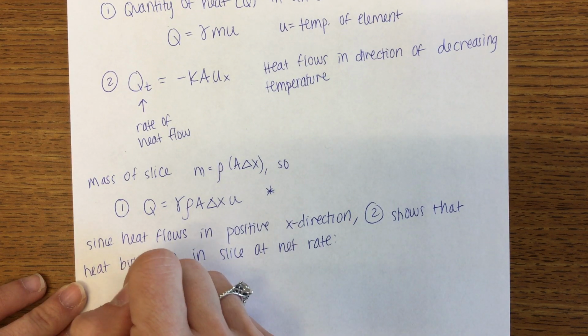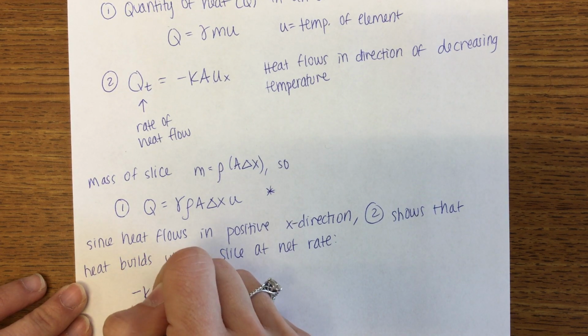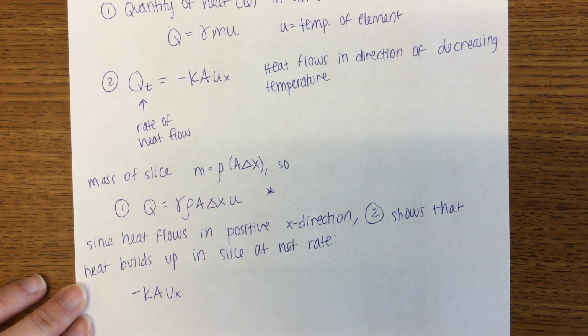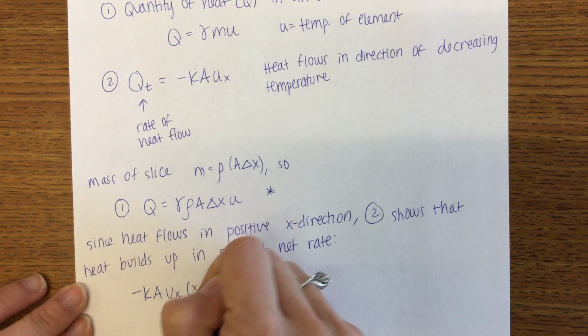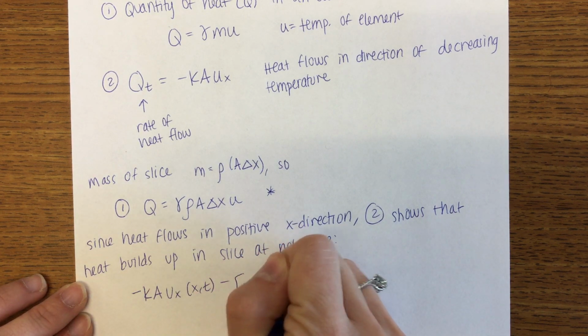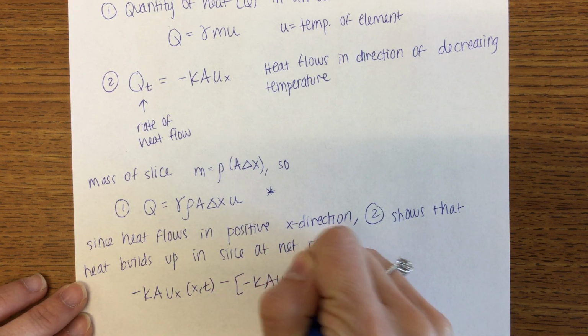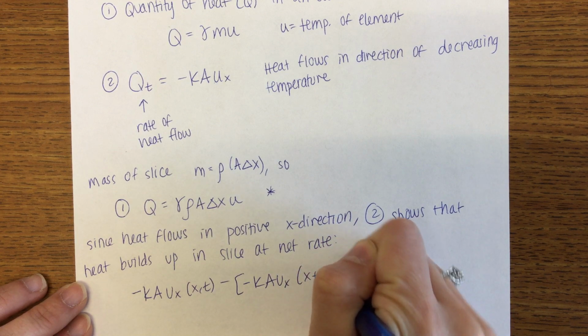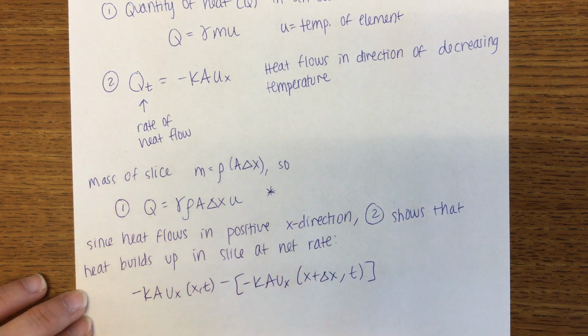It's going to be negative K A u of x at the point x, t, subtract negative K A u of x at the point x add delta x, comma, t.